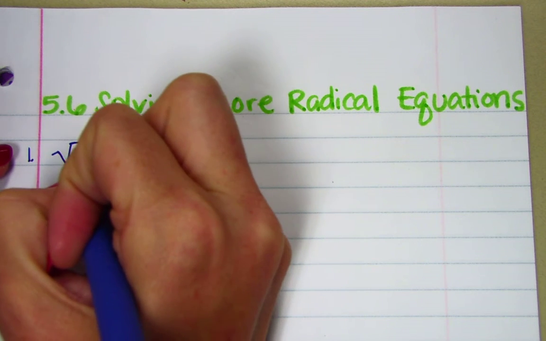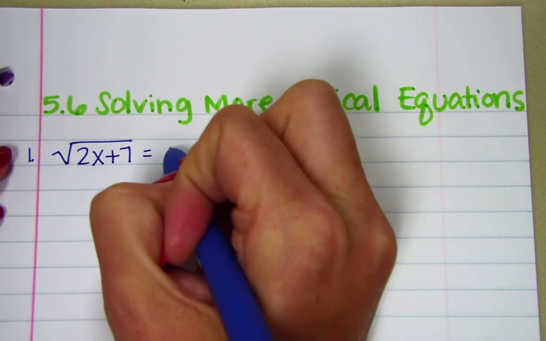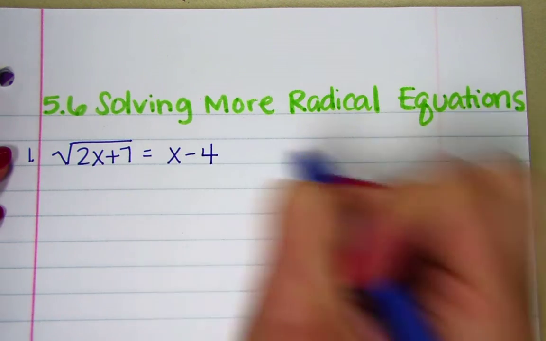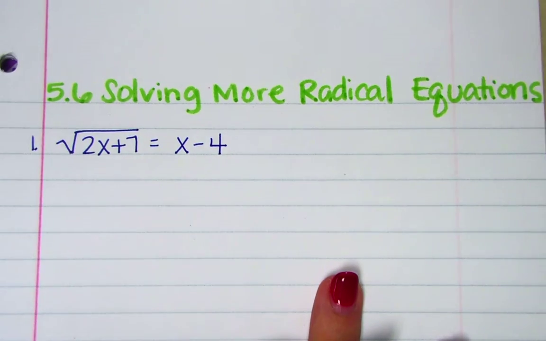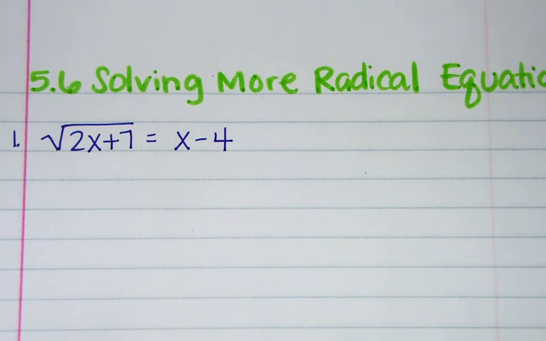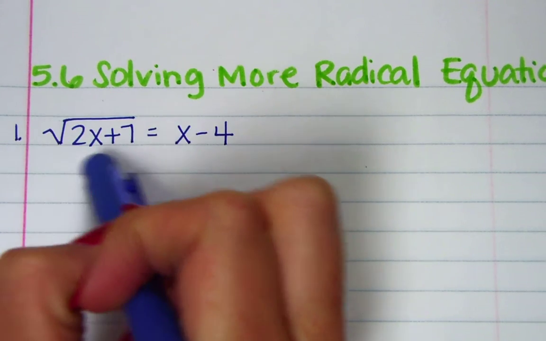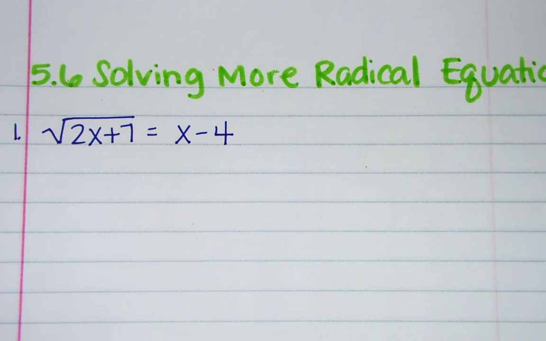Number one will be square root of 2x plus 7 equals x minus 4. And if you remember from last notes, what you want to do is get the radical alone on one side of the equation first.